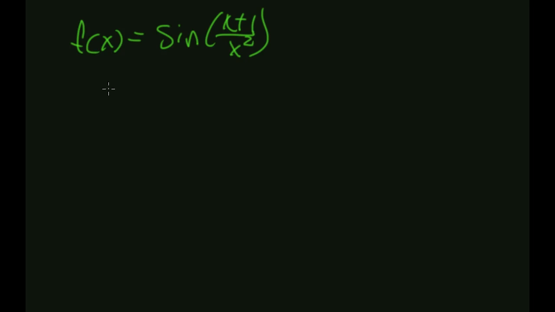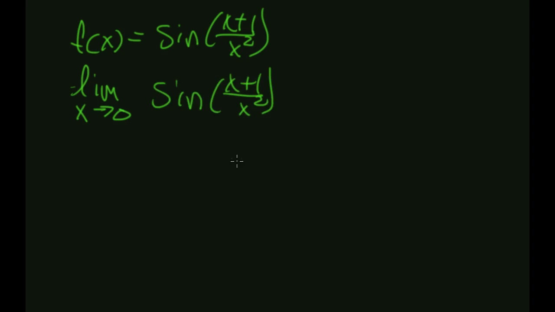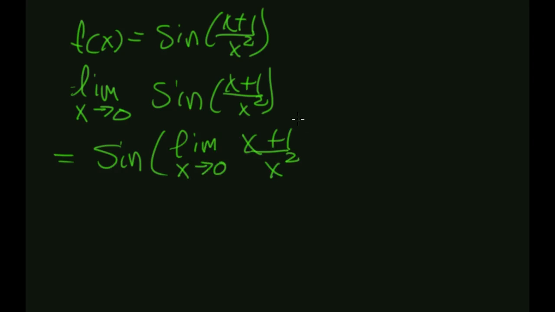Okay, it is clear that the limit as x approaches 0 of sine of x plus 1 over x squared is a little funky here, right? So this is going to give me sine of the limit as x approaches 0 of x plus 1 over x squared.